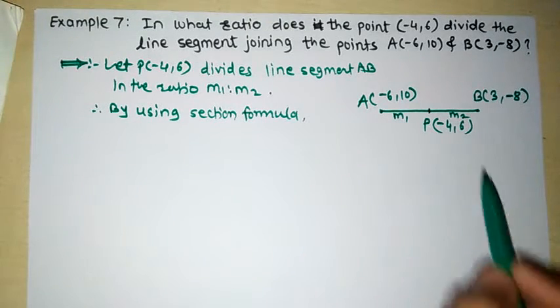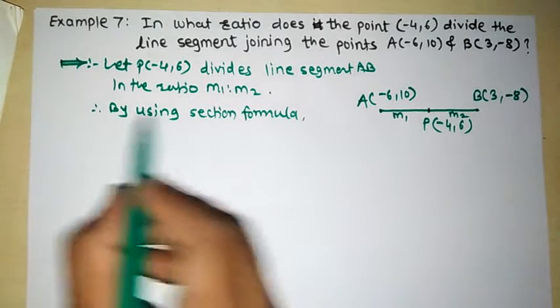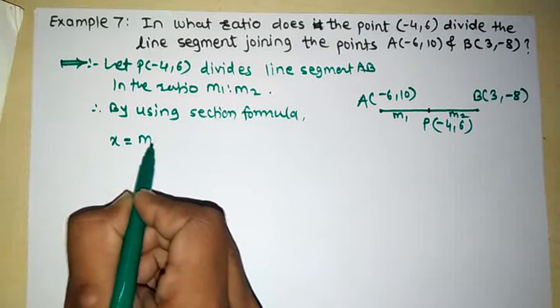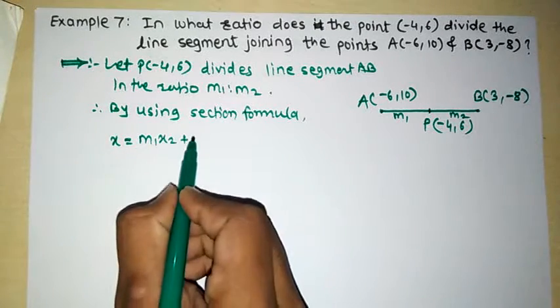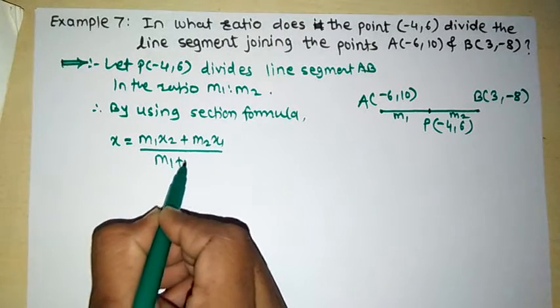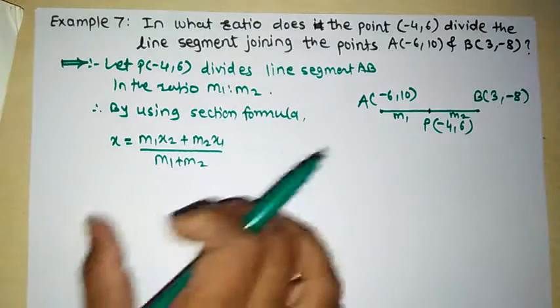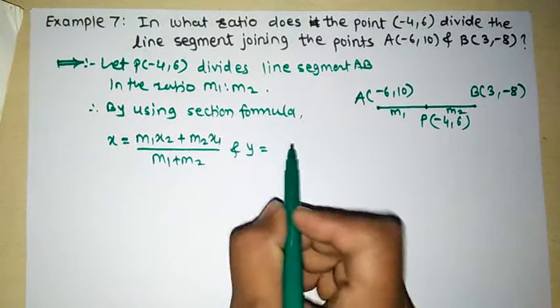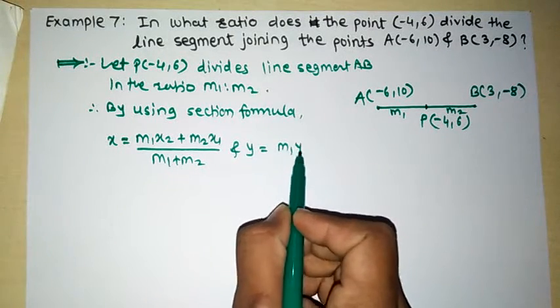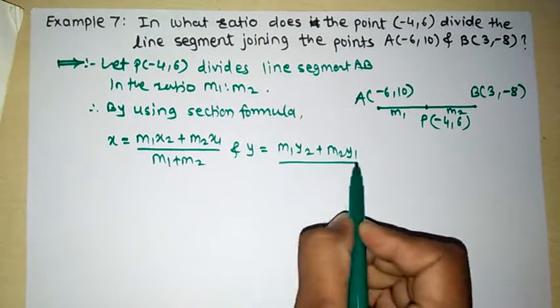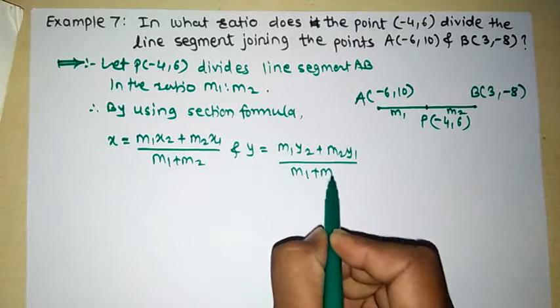We know that the x coordinate of the point P is given by x is equal to M1 into x2 plus M2 into x1 divided by M1 plus M2. This is the x coordinate of the point P, and y is equal to M1 into y2 plus M2 into y1 divided by M1 plus M2.